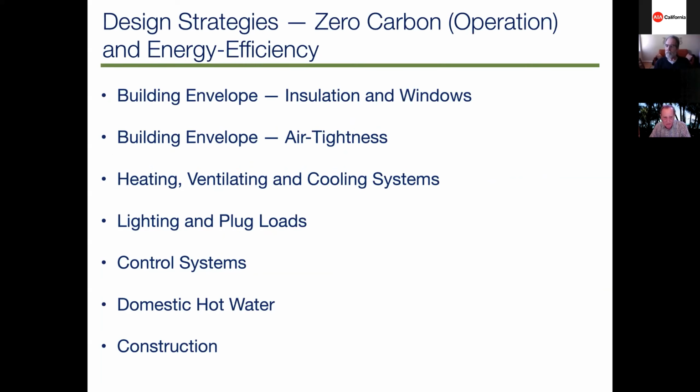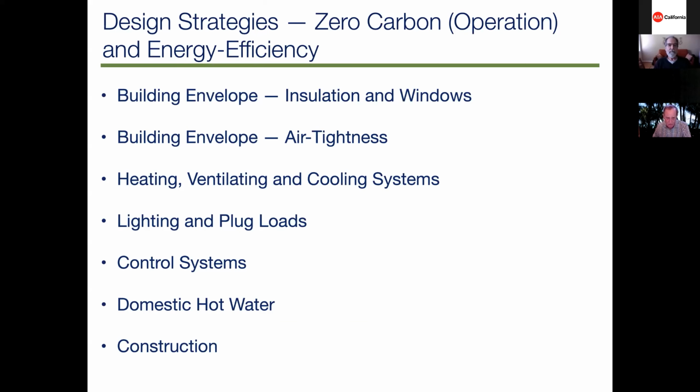And the one that is often not paid attention to very much is the second one, the air tightness of the envelope. And there's been a lot of progress on this. And I want to spend a little time talking about this in terms of the three projects. The others are sort of obvious.